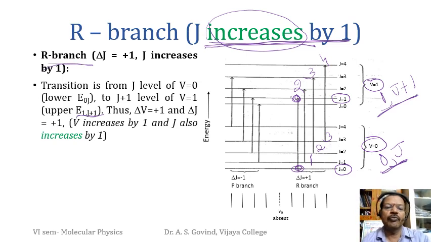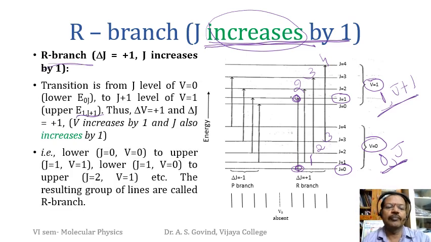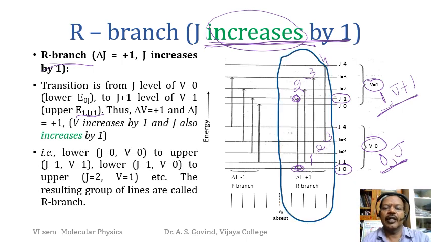So here both V and J increase by 1. And these are some example values. And that is the R branch. And you can see that the energy differences are larger, and all these frequencies are larger than the central frequency. So R branch frequencies are larger than the central.